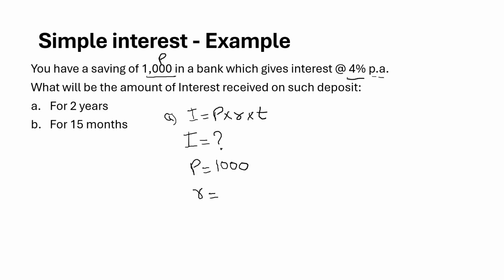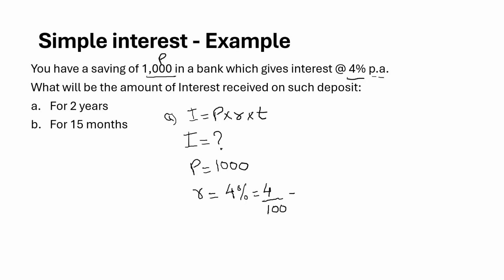And percent means per 100. So here we will write 4%. Just keep it in mind, I will explain it to you, and you have to simplify it. 4% means 4 per 100. So we will write it like this: 4 divided by 100.